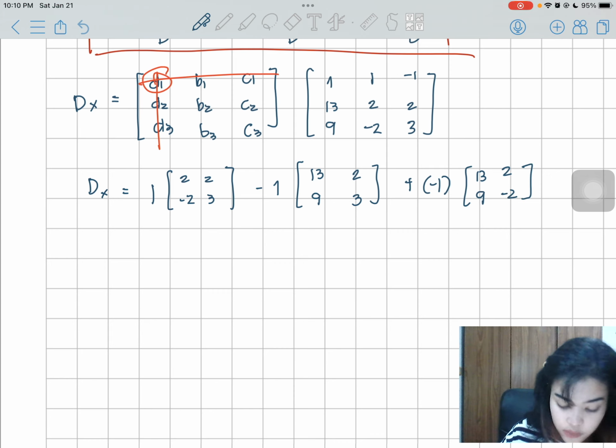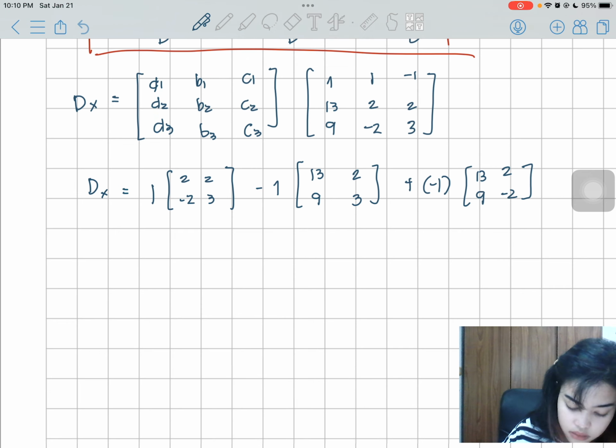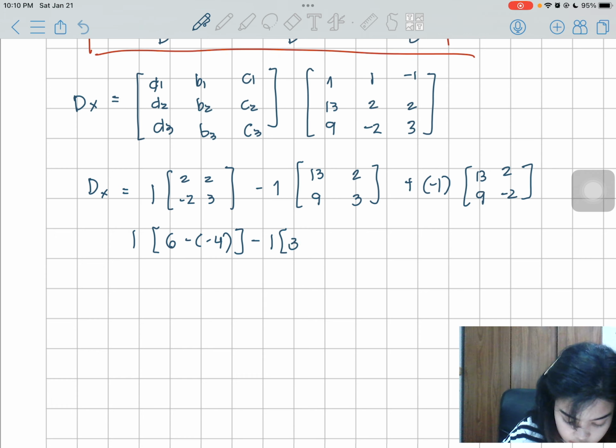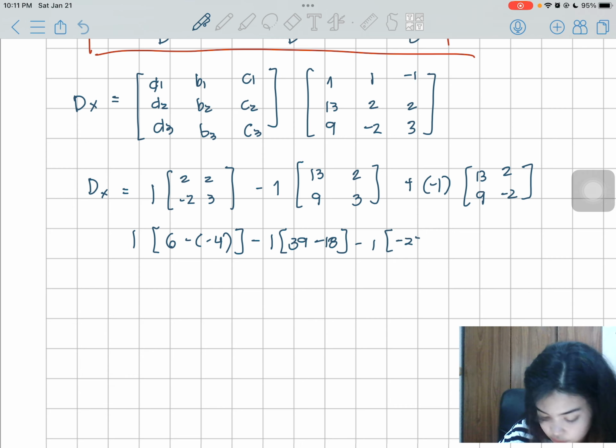And then let's evaluate the numbers. It equals 6 minus negative 4, minus 1 times 39 minus 18, minus 1 times negative 26 minus 18.